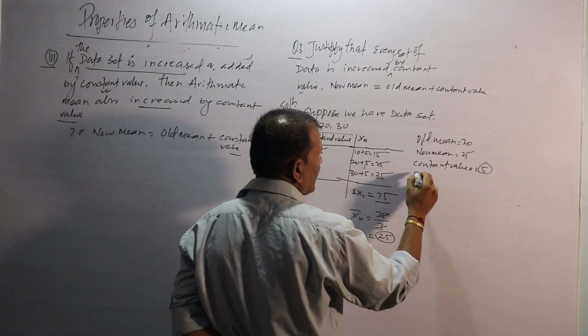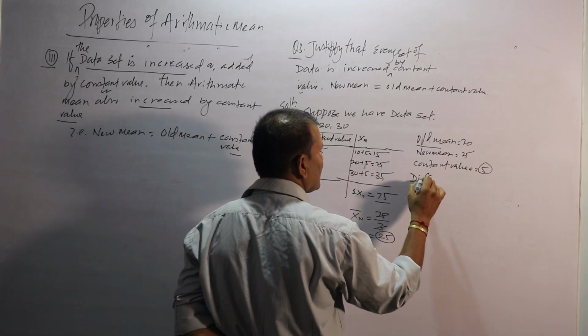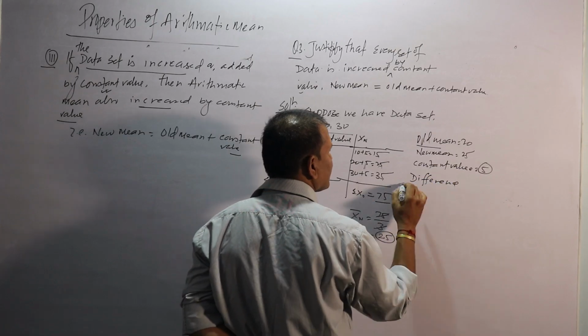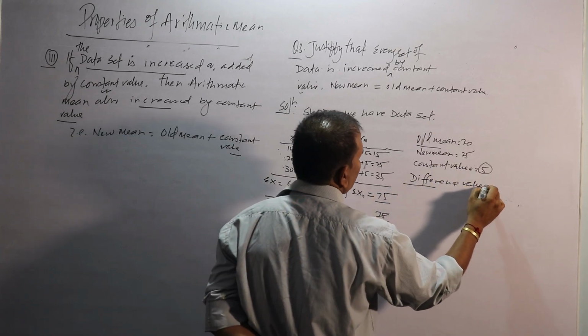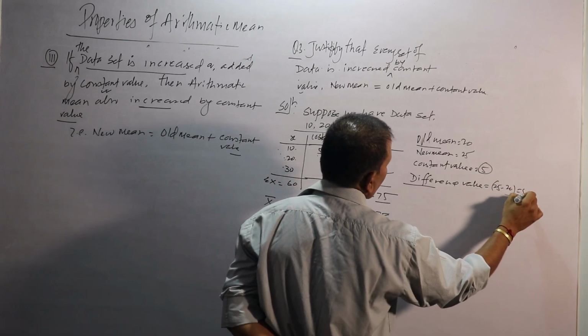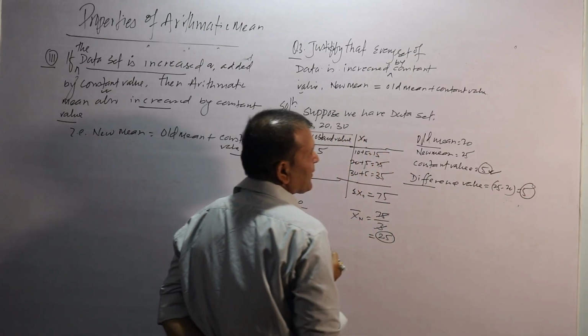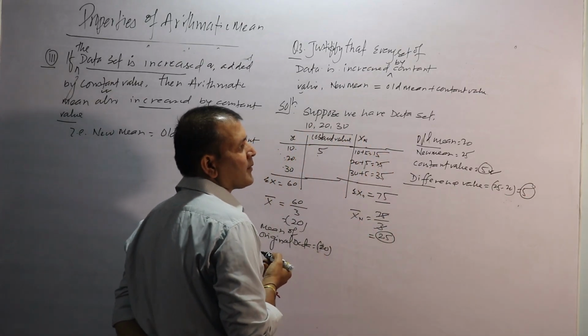So we have to calculate the difference of old mean versus new mean. The difference is equal to 25 minus 20, which is 5. So you have a constant value of 5 and the difference of the two means is 5.